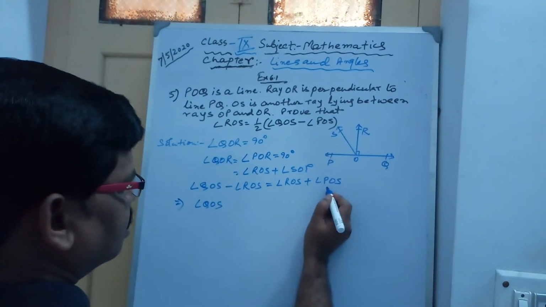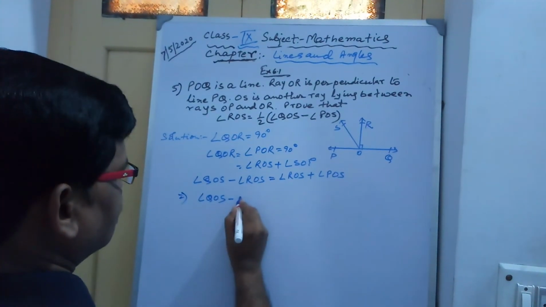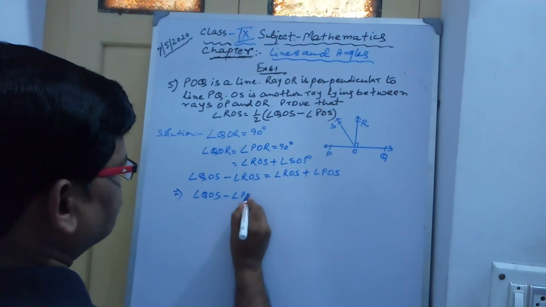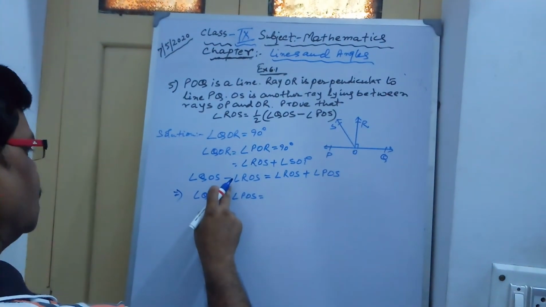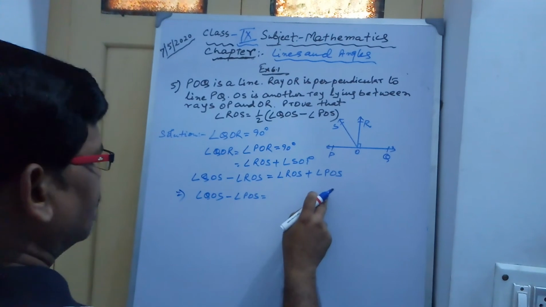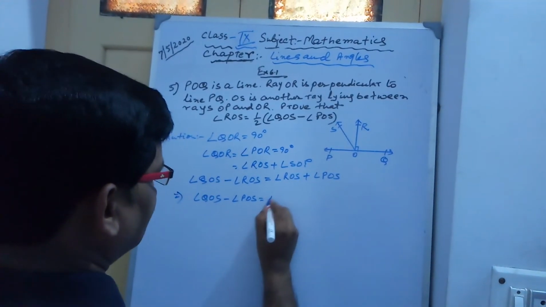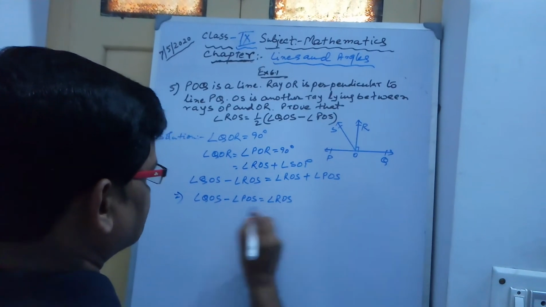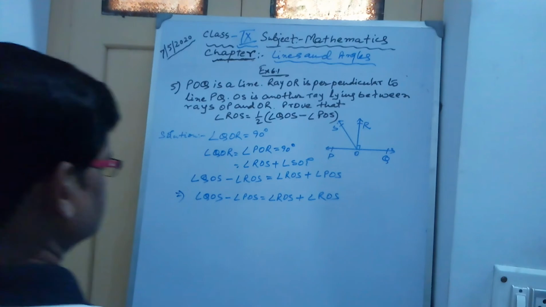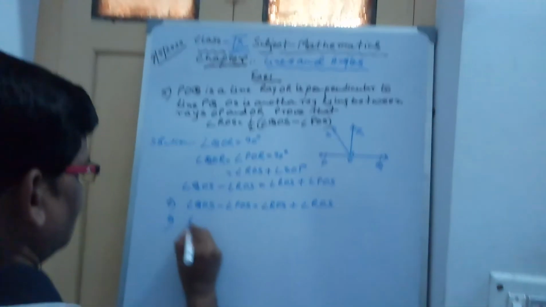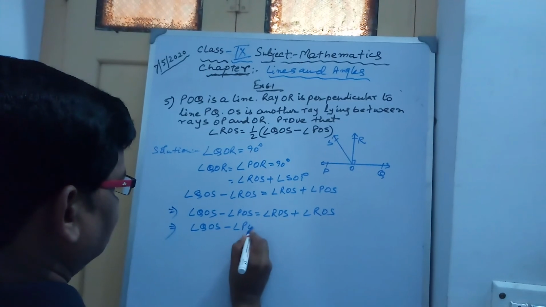Take this angle POS on the left hand side, it becomes minus POS, and minus ROS take on the right hand side, so minus becomes plus. So angle ROS plus angle ROS equals angle QOS minus POS.